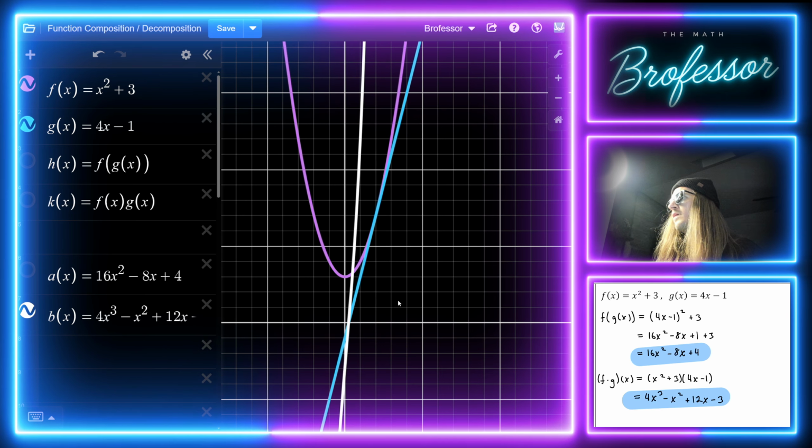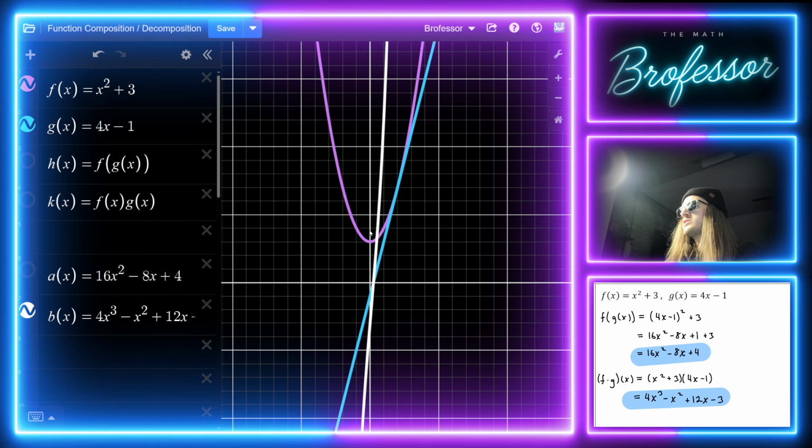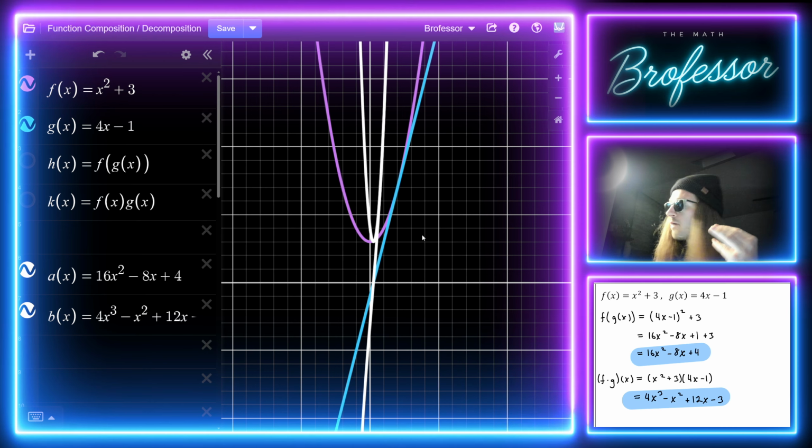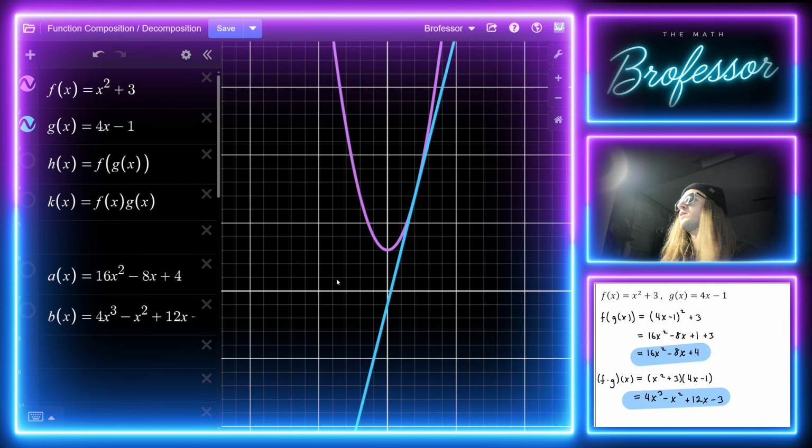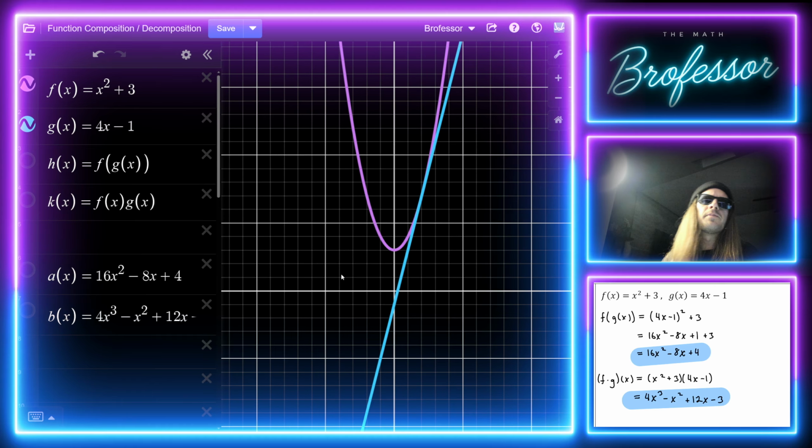Let me hide the composition. It looks like a straight line, but you can see it curls a little bit. This is a cubic function. It's not perfectly straight. And good. So our composition was quadratic, but our product was cubic. So that's a pretty good tell: if you are composing two functions, but the degree goes up, something went wrong.